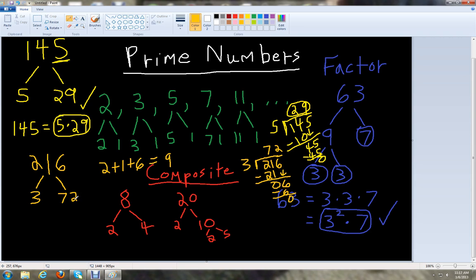So 72 is composite because it's even. And we also see that it's divisible by 3 as well, because 7 plus 2 is 9. So let's divide by 3.